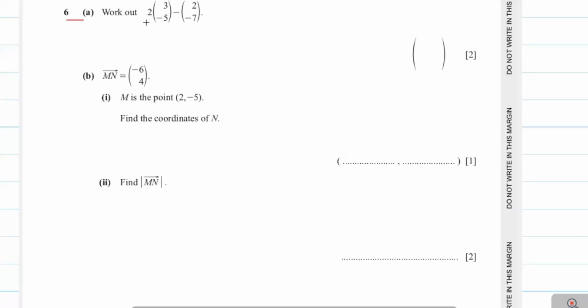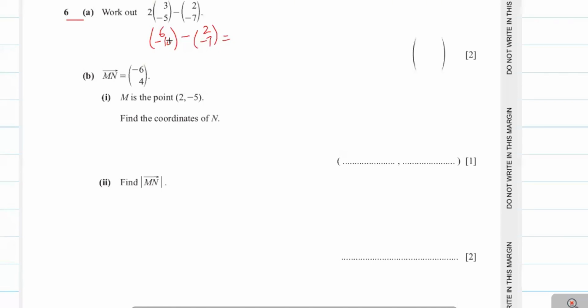Question 6, part A, work out 2 times the column vector (3, -5) minus (2, -7). Firstly, we will multiply the first column vector by 2. We get 2 times 3 is 6, 2 times -5 is -10. And the next column vector we write as it is, (2, -7).